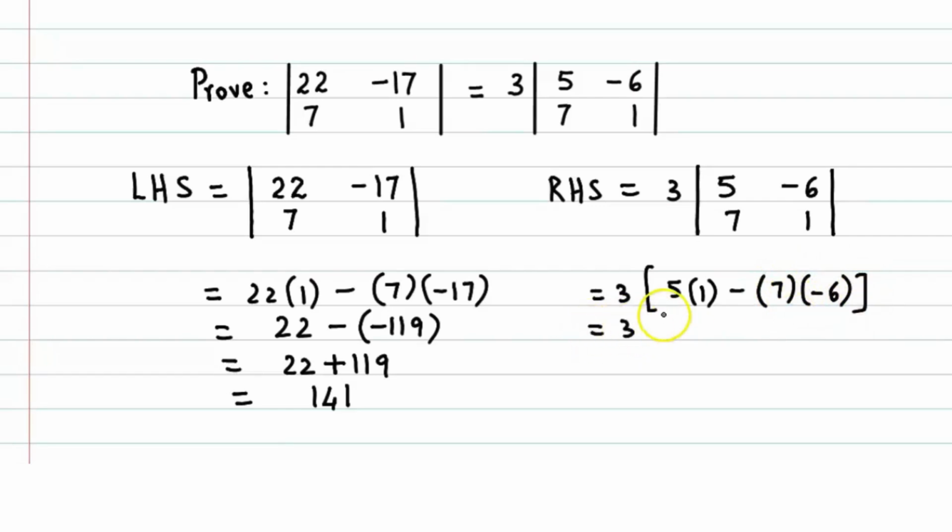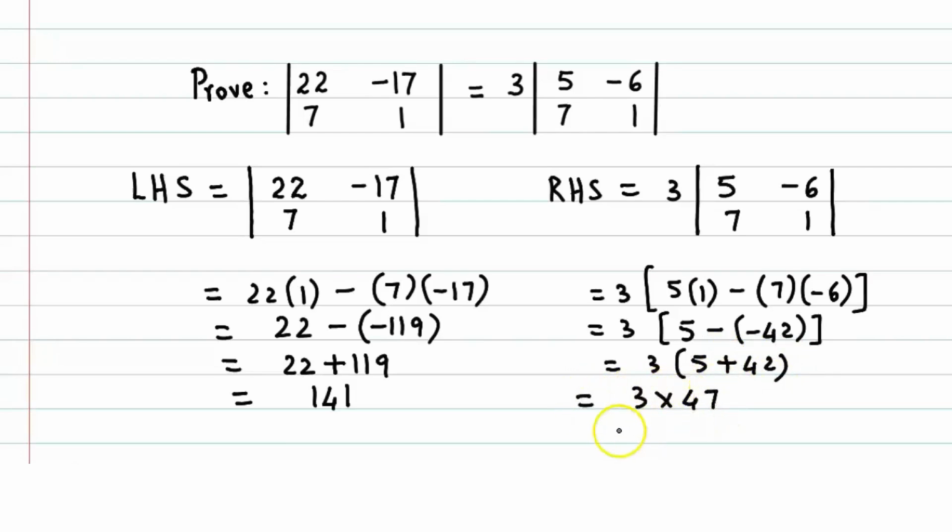So we get 3 times 5 ones are, that's 5, minus 7 into minus 6 is minus 42. So we obtain 3 times minus of minus 42, so that's 5 plus 42. So we get 3 times 47.